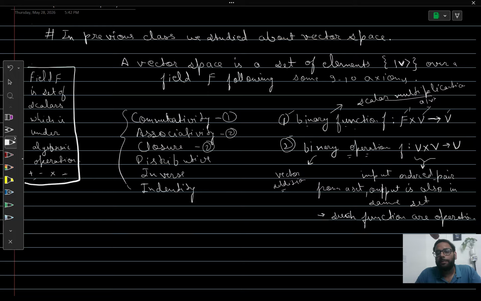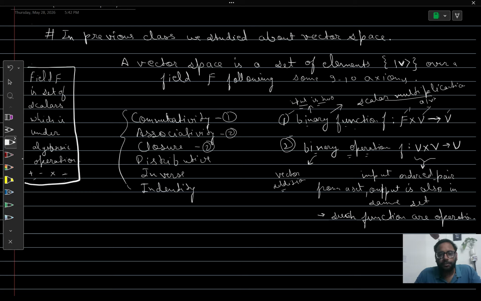Here, binary means the input is two. That's why we call it a binary function, binary operation. Commutativity only contains the binary operation, not the binary function. Associativity contains both scalar multiplication and vector addition.